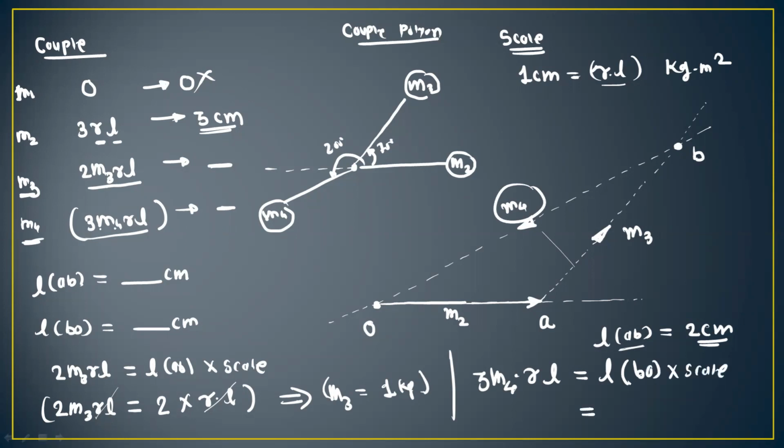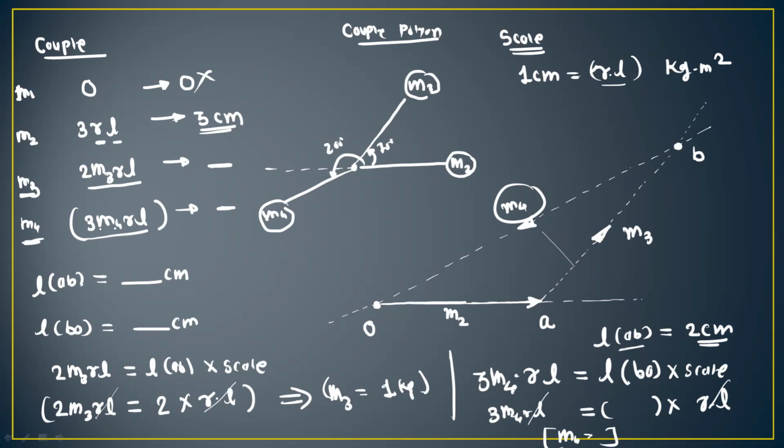Okay. So length BO, put this value in terms of centimeter. Scale is same, which is R into L, and that is equal to 3 M4 RL. Okay. So from this RL you can cancel out and find out the value of mass M4. In this way, you will find out the value of M3 and M4.